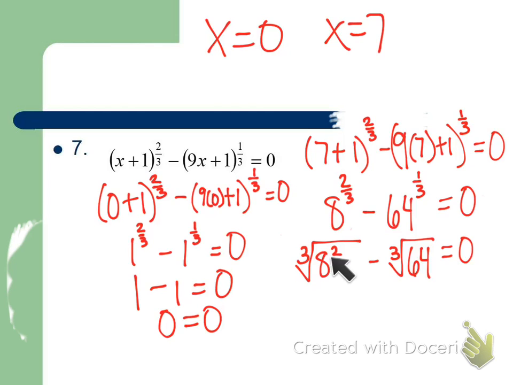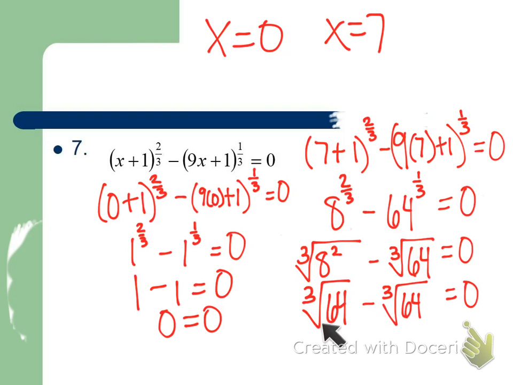8 squared is 64. Now, it might be helpful for some people to see this simplified all the way out, but do we need to take the cube root of both of those? No. If you take something and subtract it from itself, you get 0.